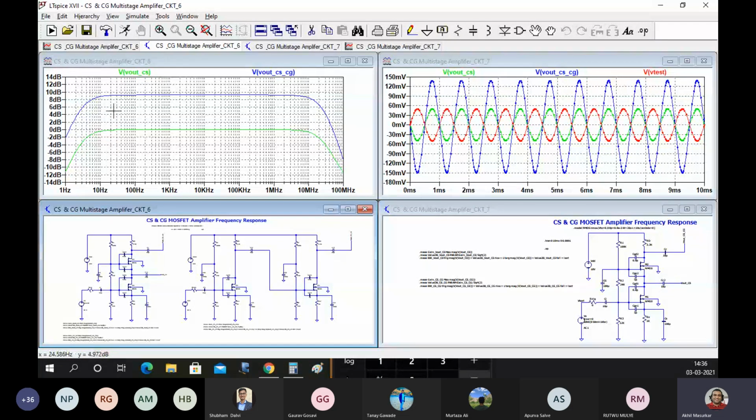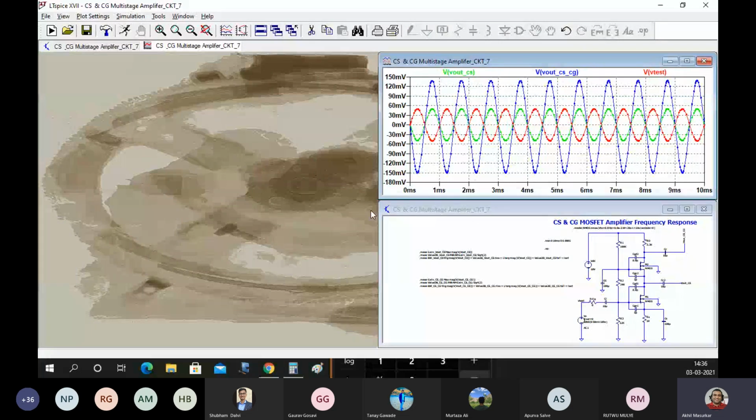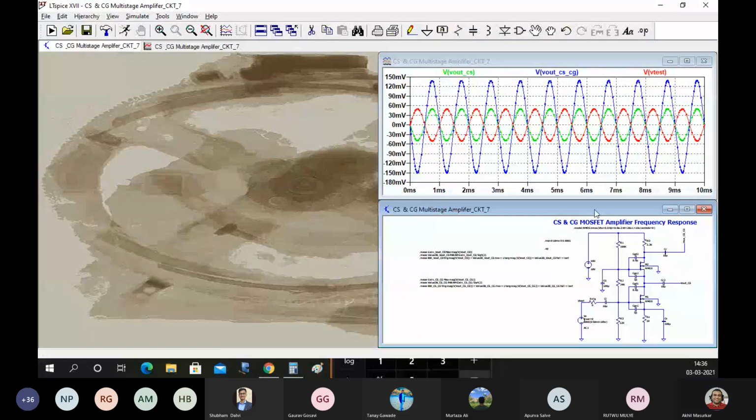So circuits are the same, but we are just plotting these two different responses. In one I have written dot tran, and I can just save this as circuit number 8 and just convert this dot tran to dot AC.